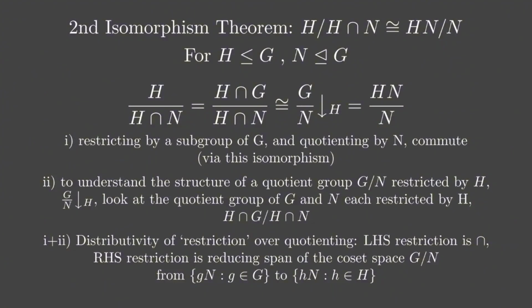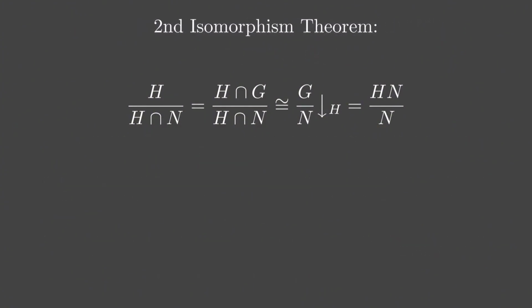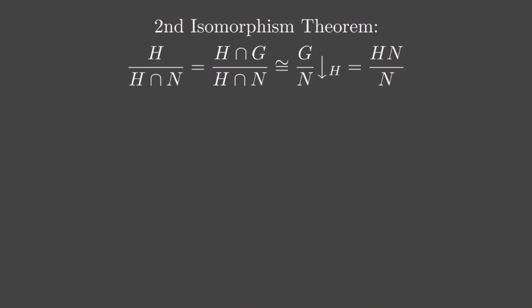It's the distributivity of restriction over quotienting, whereby restriction on the left-hand side is intersection by H of G and N, and on the right-hand side restriction is reducing the set of elements that we allow to span the coset space of G quotiented by N from G to H. This restricted coset space may or may not be equal to the whole coset space, as we will soon see. Let's see a couple of examples and then prove the second isomorphism theorem.